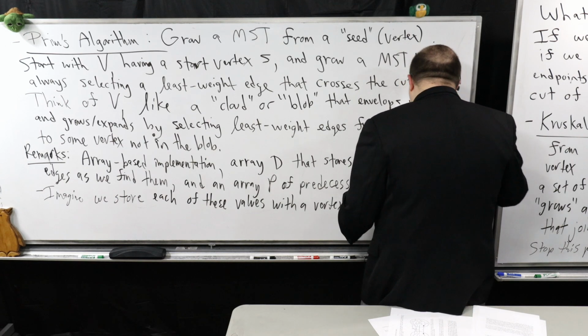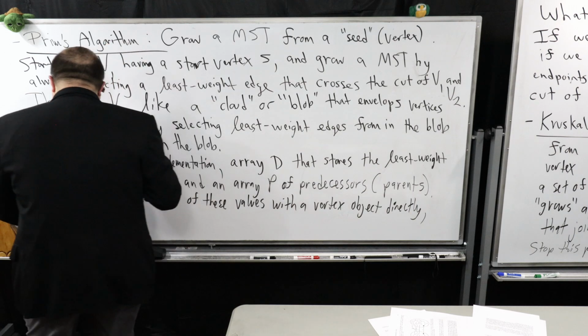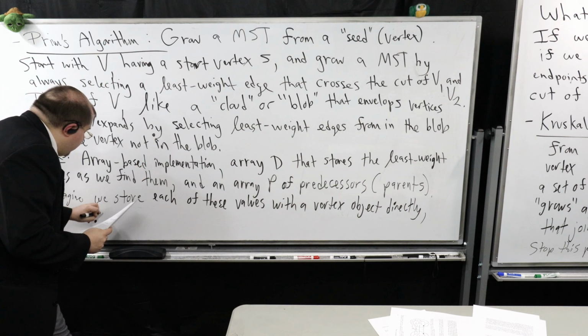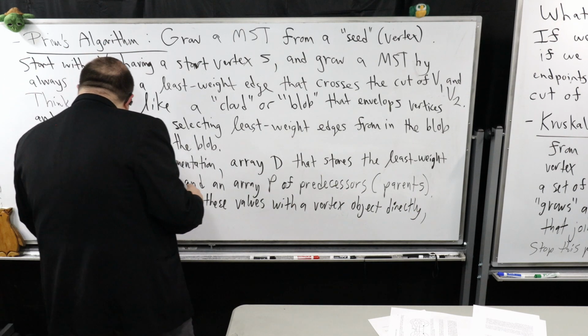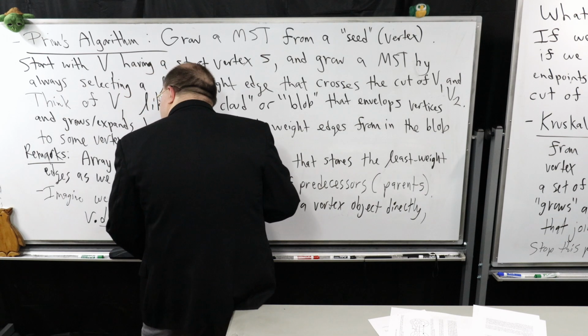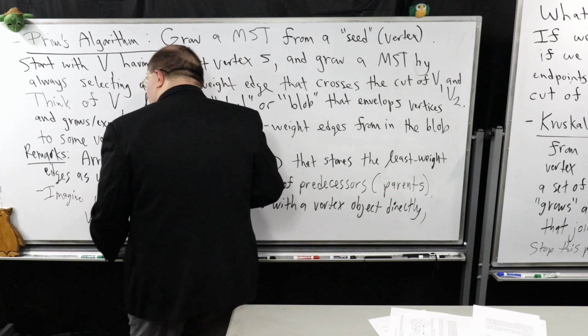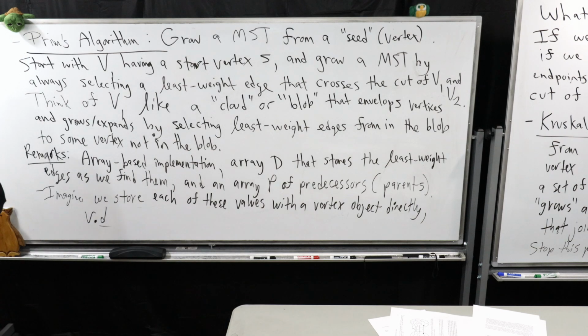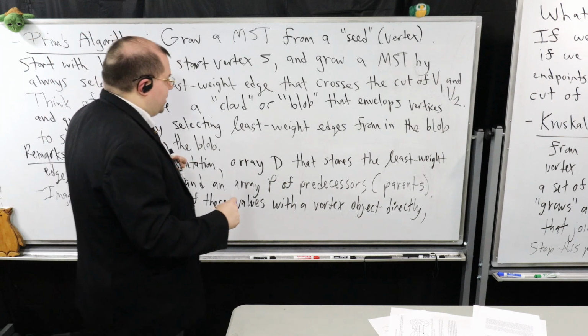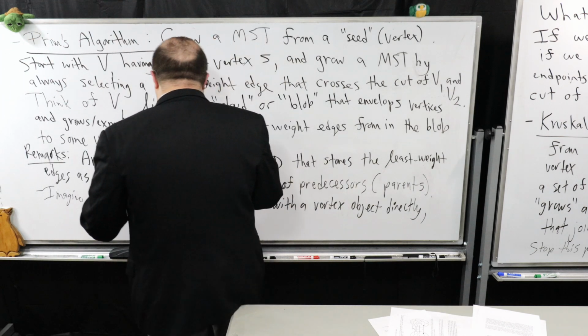So I'm going to have two attributes that each one of my vertex objects will have. If I have a vertex v, I'll have v.d. This is going to be the least weight edge of the current one I found so far. At the beginning of this algorithm, they're all going to start off with some value so big that you won't be able to ever beat it, so you just think of it as infinity.